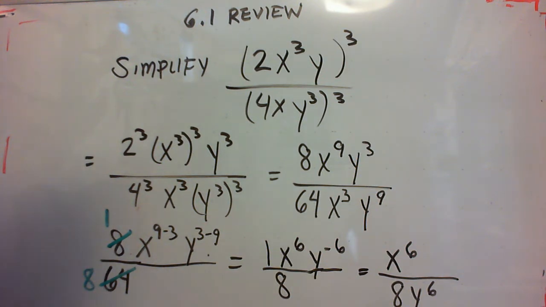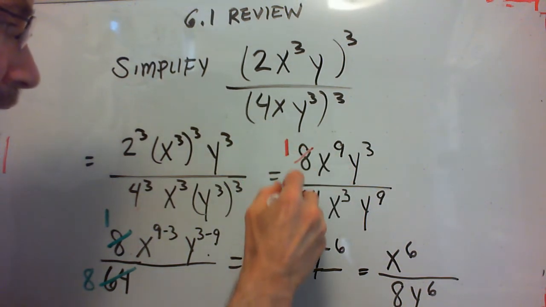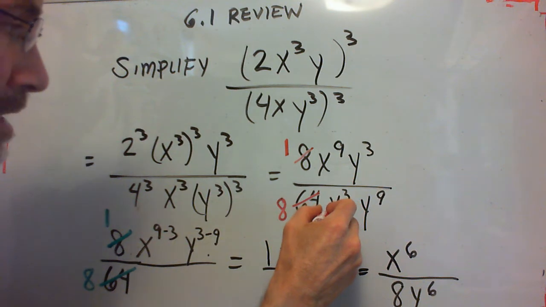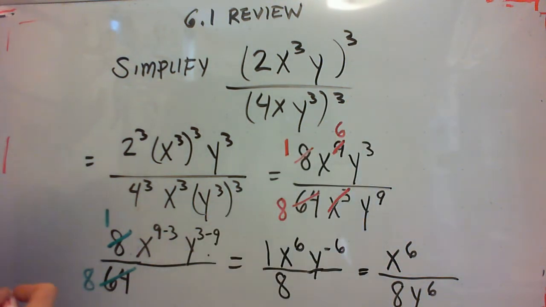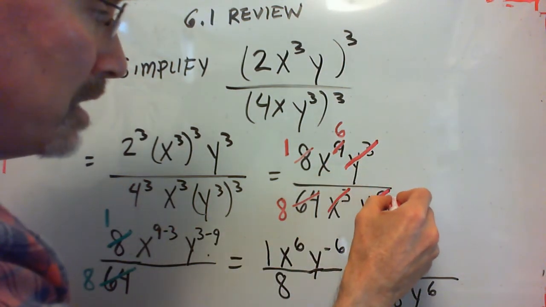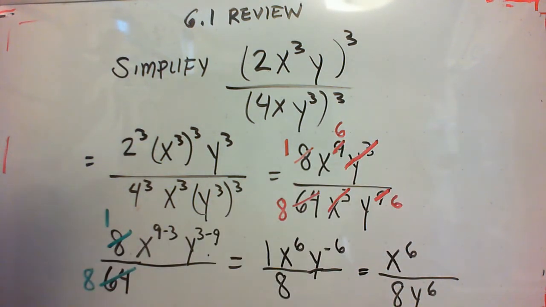And then using the canceling method, we just take 8 into 8 is 1, 8 into 64 is 8. 3 x's cancel out 3 x's of the 9 x's in the numerator, leaving 6 x's. The 3 y's cancel out 3 y's in the denominator, leaving 6 y's in the denominator.